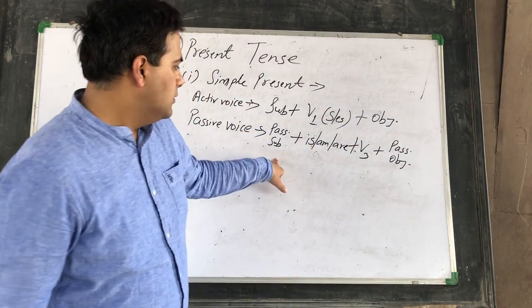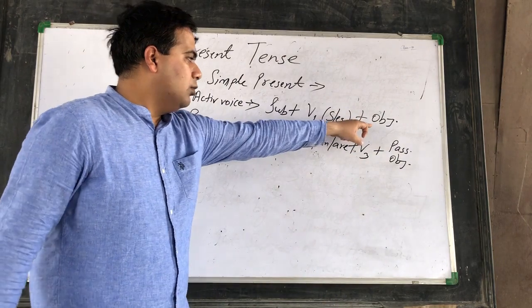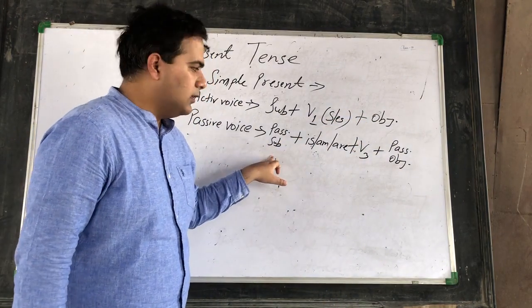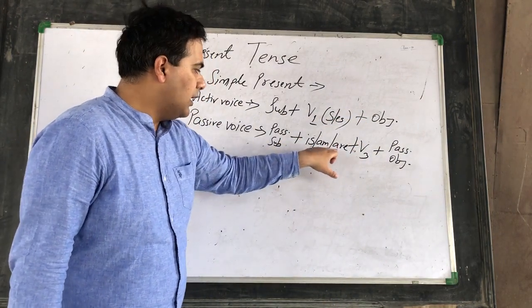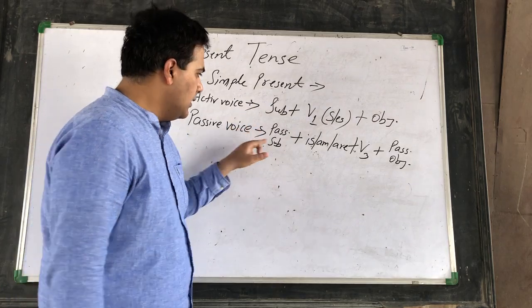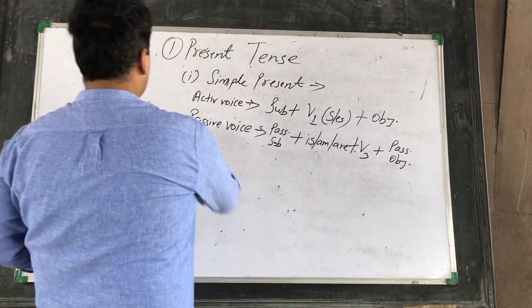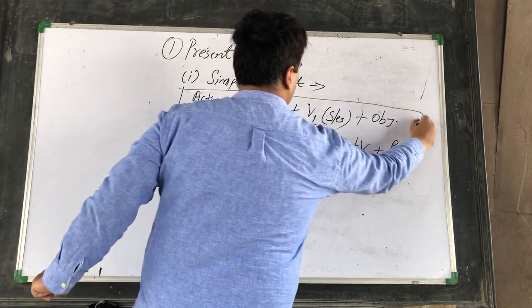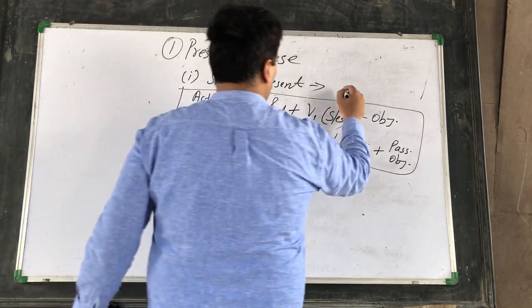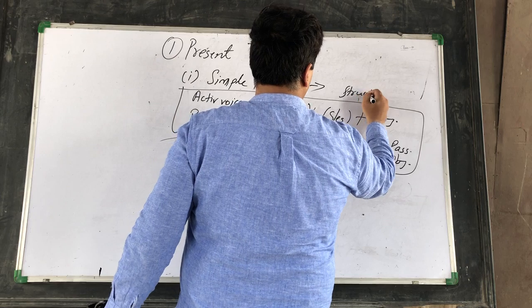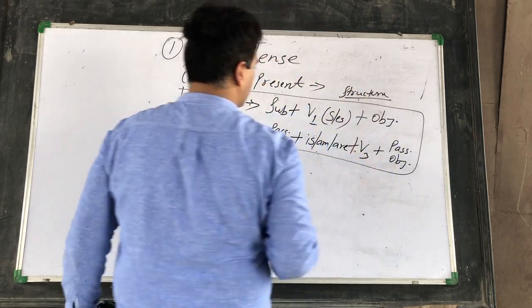So you see, we have changed the object into the passive subject. Then the new helping verb is, am, are according to the subject. Then verb third form is there. Then it is becoming the passive object. So this is the structure that we will be following.